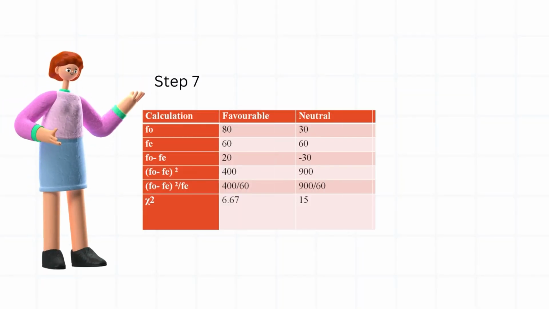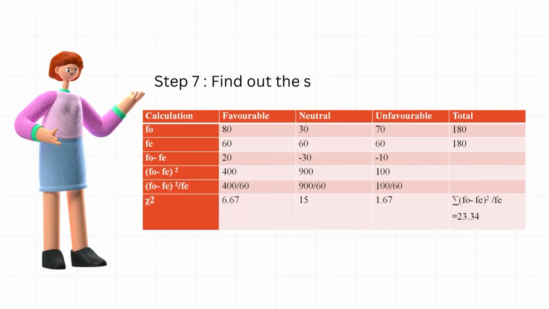Now, step number 7, find out the sum of these quotients. We have to find out the sum of these quotients, and what would be the value? The value would be 6.6 in the first category, in the second category this value would be 15, and in the third category the value would be 1.67. So, what do we have to do next?